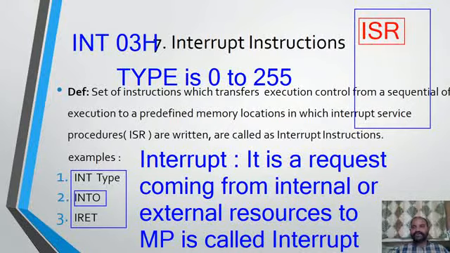Whenever we are writing a program, let us suppose this is my subprogram for the interrupt. Then this subprogram should be terminated with one instruction called IRET, which means we are returning from the subroutine. In the last class we saw the RET instruction, a normal return from a normal program. But IRET says that I am returning from the interrupt service routine.